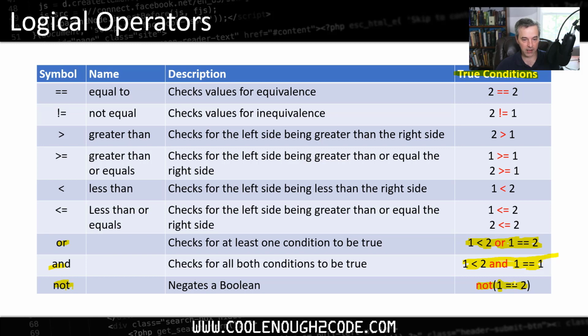So 1 equals 2 is false, then I not that, it becomes true. That's essentially what we have here with this comparison, but in this case, I'm just doing it in 2 steps. So you can see how these are taking Boolean evaluations and then comparing them to one another to change the output slightly depending on whether I'm using ands, ors, and nots.